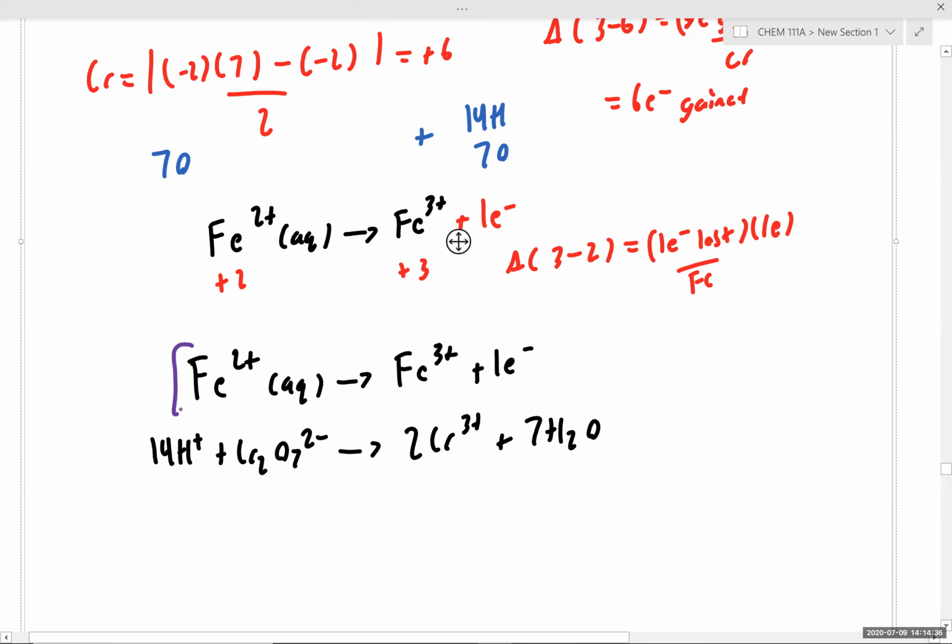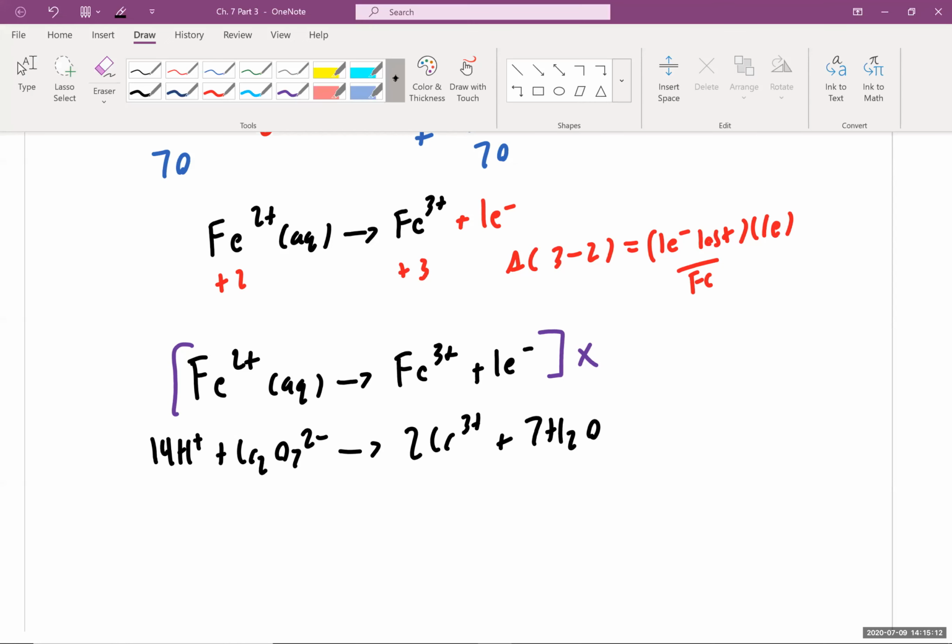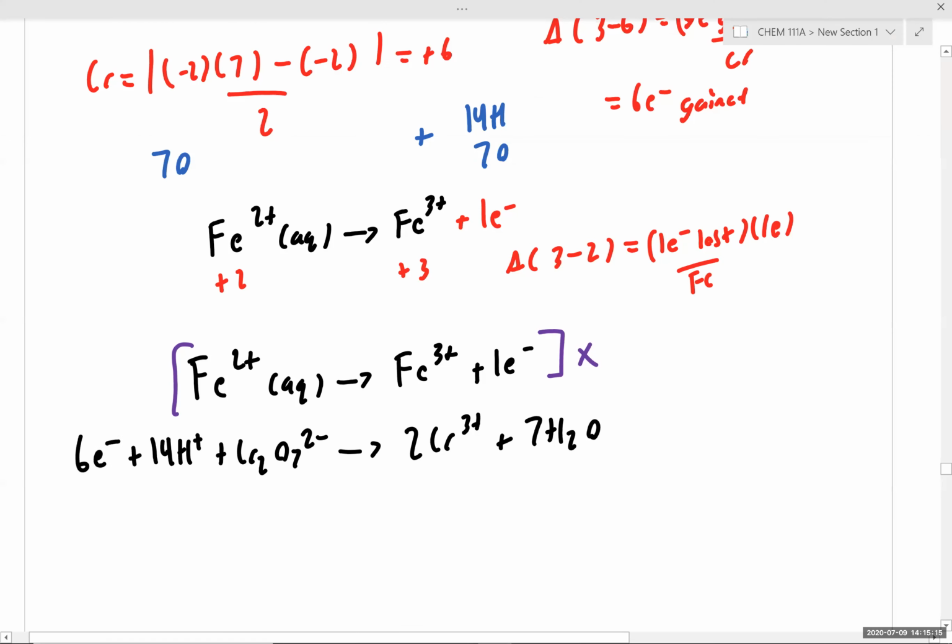So in order to balance electrons, what should I multiply our top equation by in order to cancel our electrons? Just to keep in mind, in our bottom equation we are gaining 6 electrons.